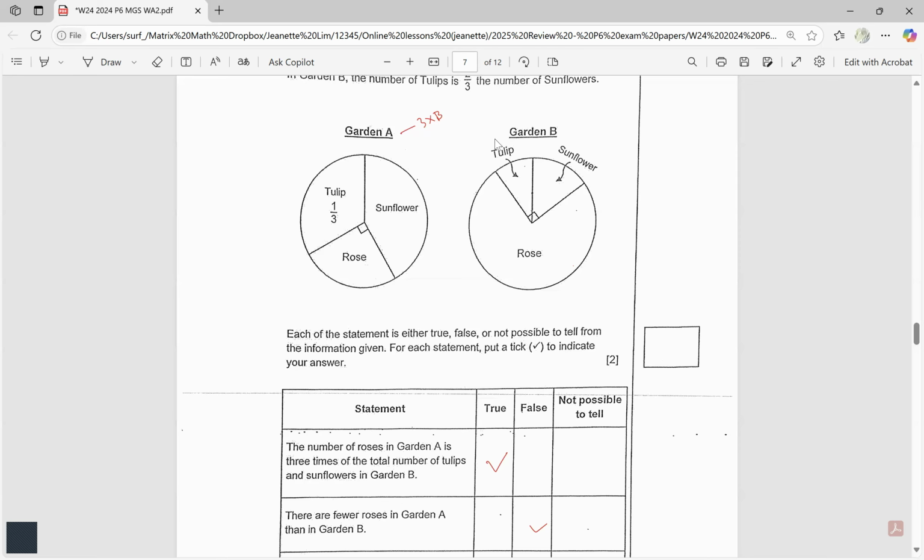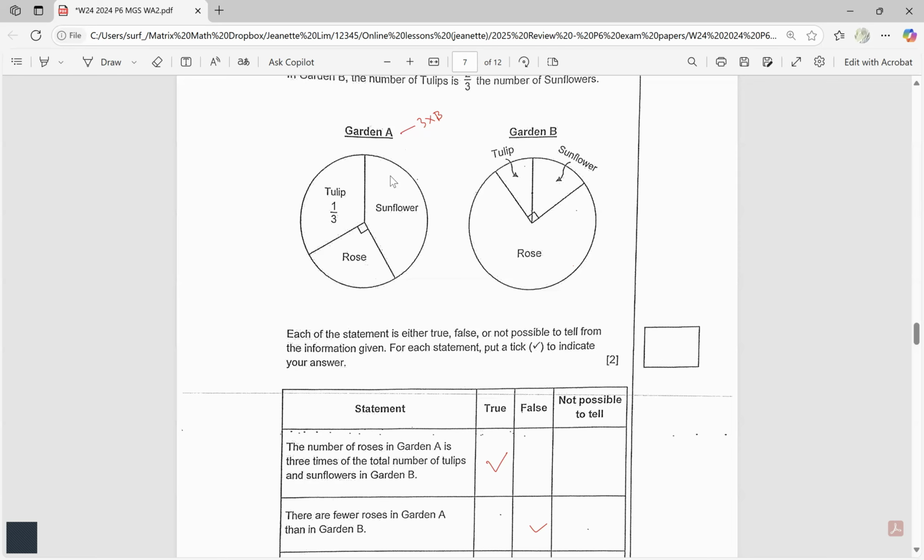But now we're looking at the whole of Garden B. So that 1/3 is tripled, and it will be the same as the 1/3 of Garden A.